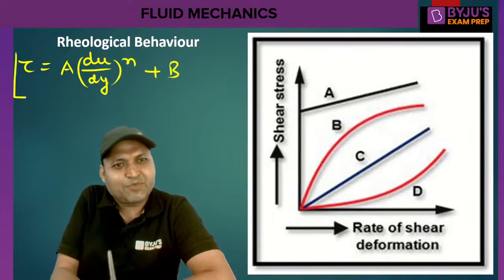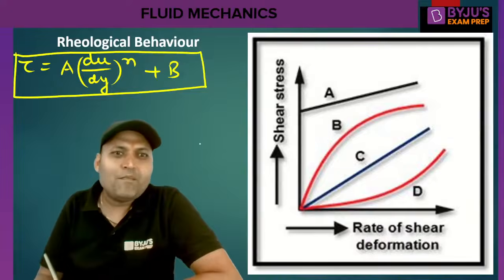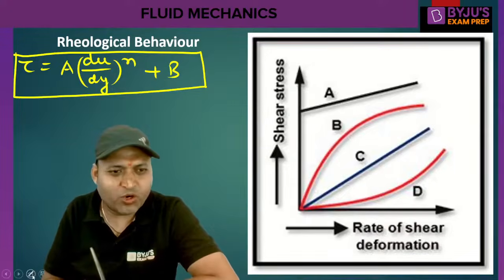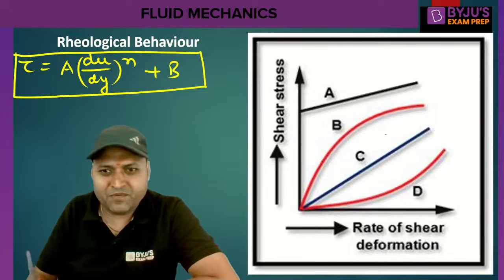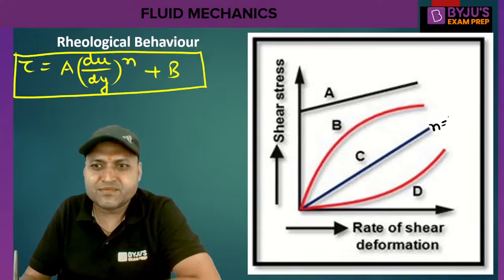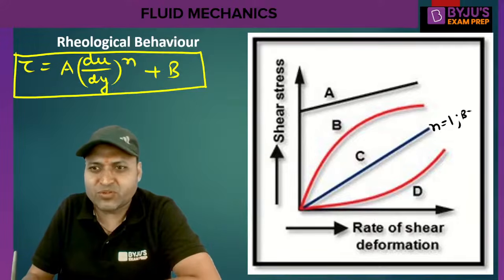That is the general expression. Based on the values of a, b and n, we can define Newtonian and non-Newtonian fluids. C has n equal to 1 and b equal to 0.